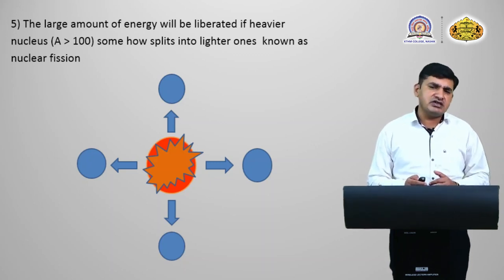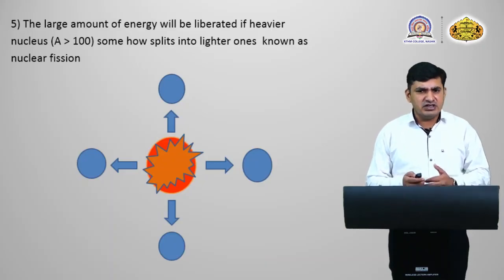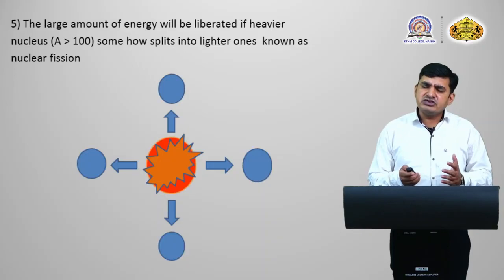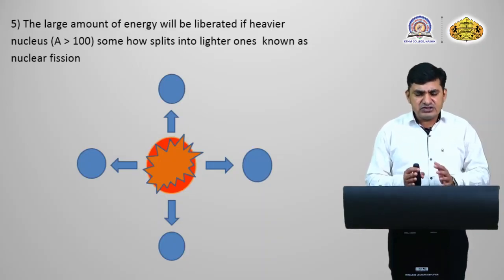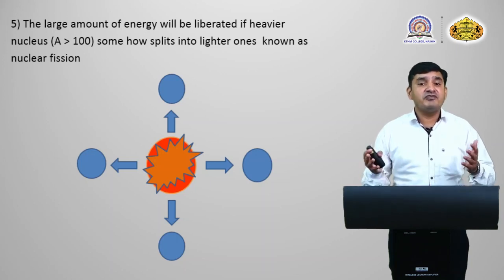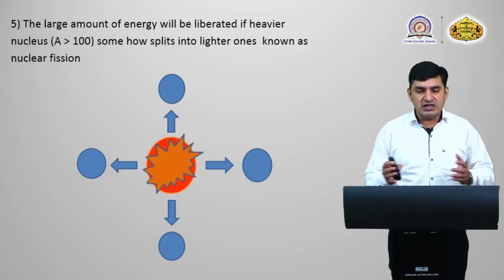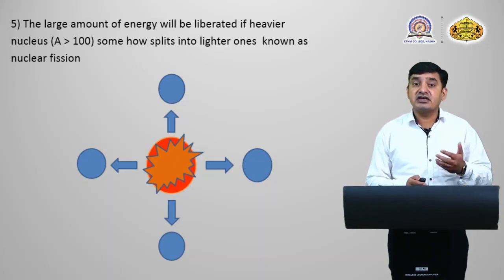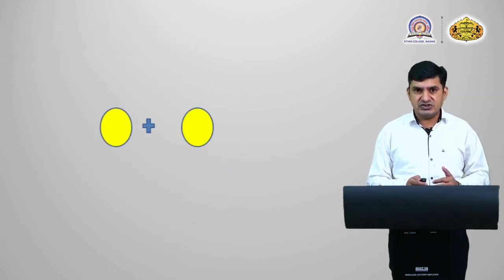If we consider the example of uranium 238, this uranium has unstable nuclei and can break into fission fragments, or lighter nuclei, and a large amount of energy is released in this process. The process is a nuclear fission process.